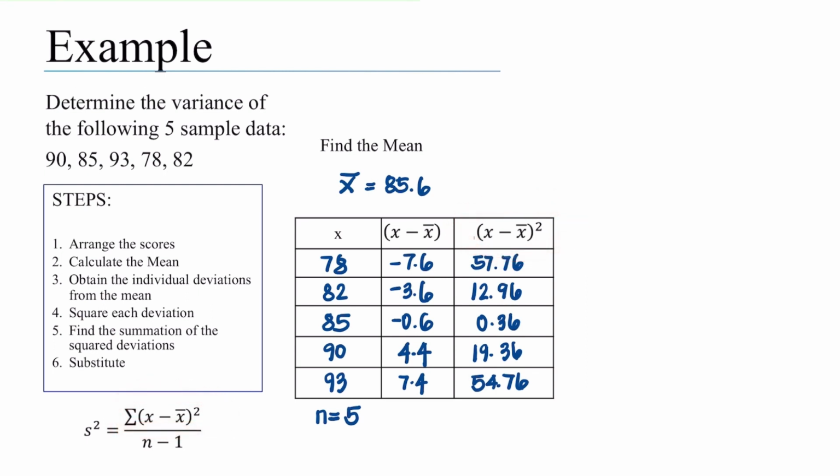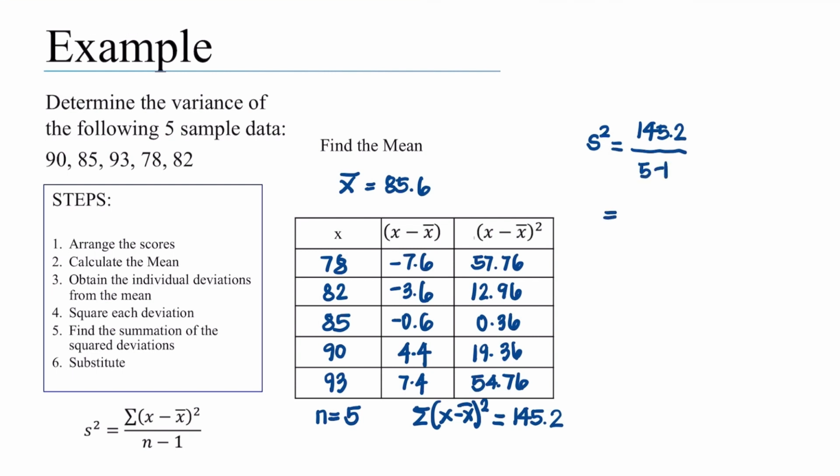In that case, if we add them, the summation of (x minus mean) squared is equal to 145.2. Now, since we're done identifying it, we will substitute it into the formula. In that case, s squared is equal to 145.2 divided by 5 minus 1.